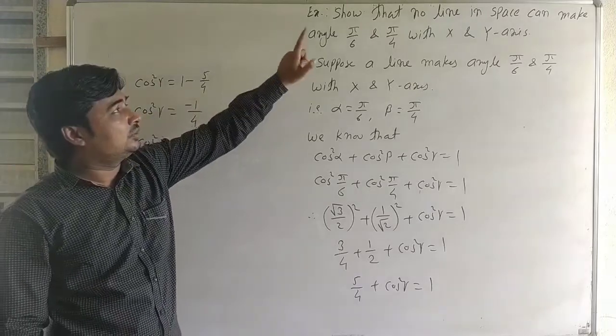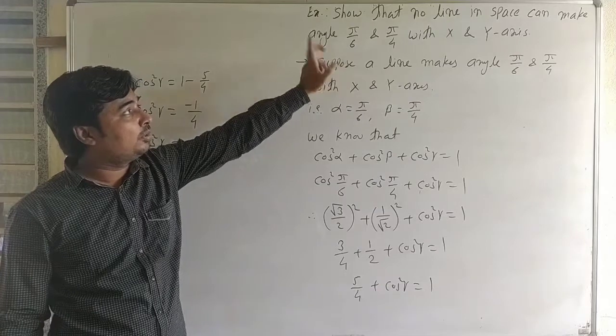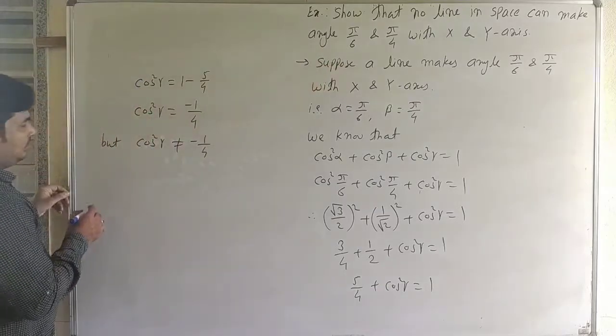Okay, therefore no line in the space makes angle pi by 6 and pi by 4 with x axis and y axis.